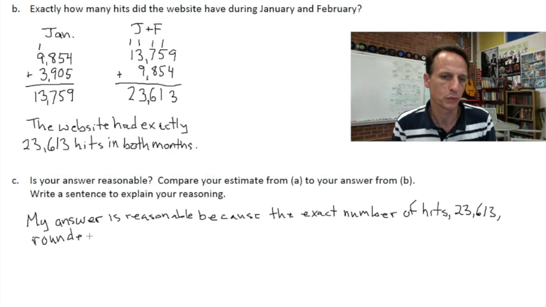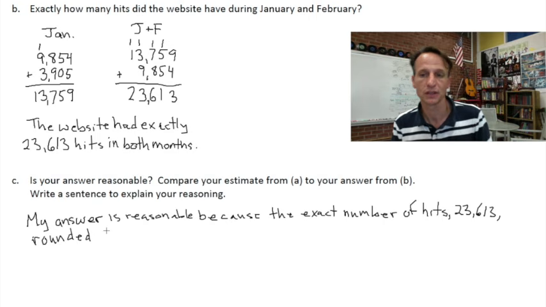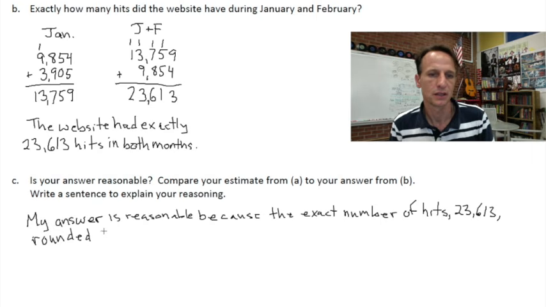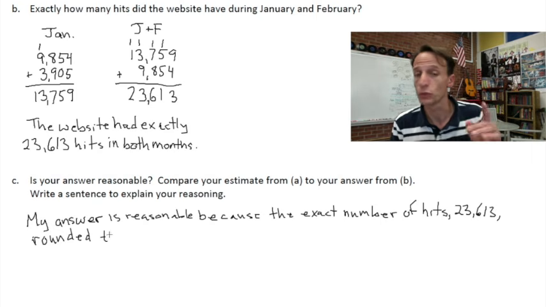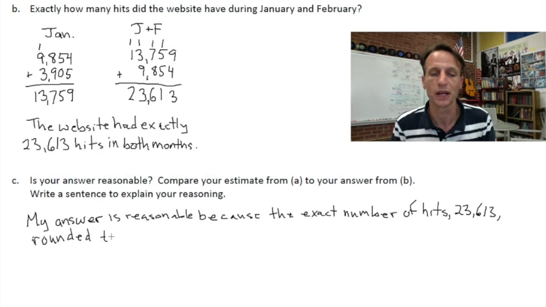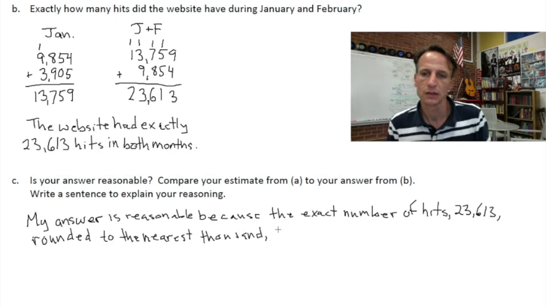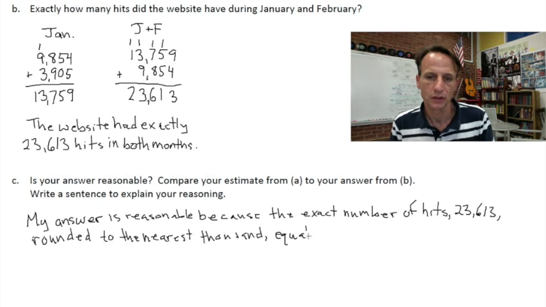Well, if we rounded it, what would we round it to? To the nearest 1,000, right? Because that's what we rounded to back in 1A, right? That's why. Rounded to the nearest 1,000 equals my estimate.